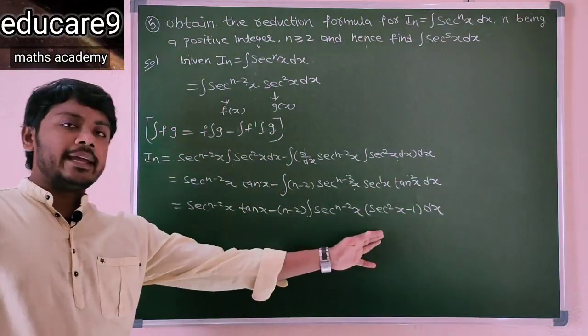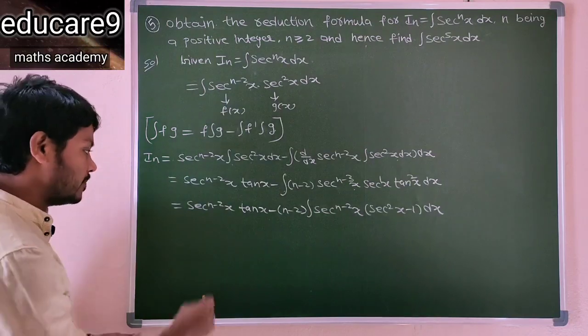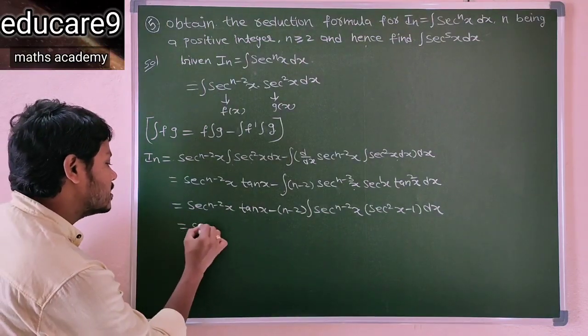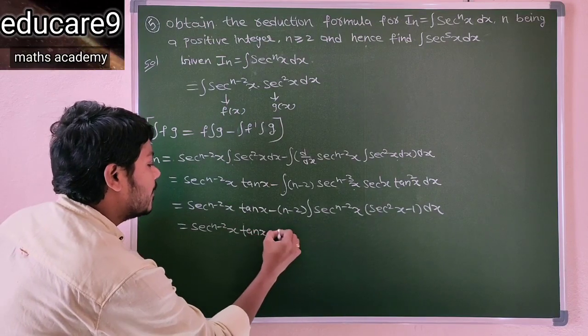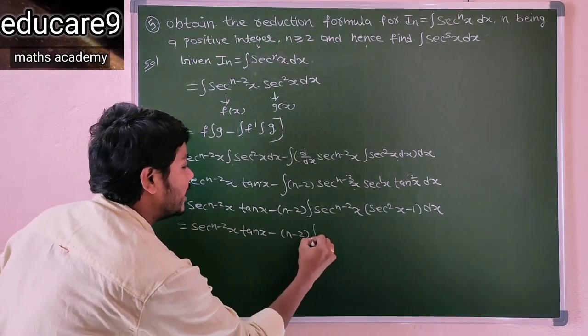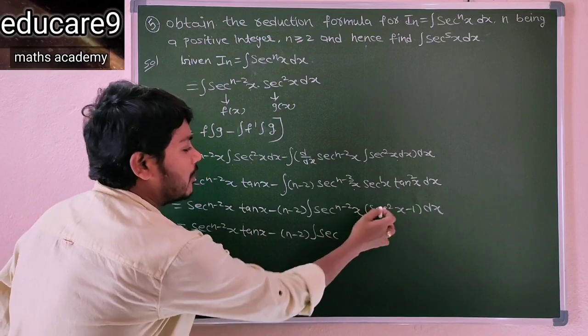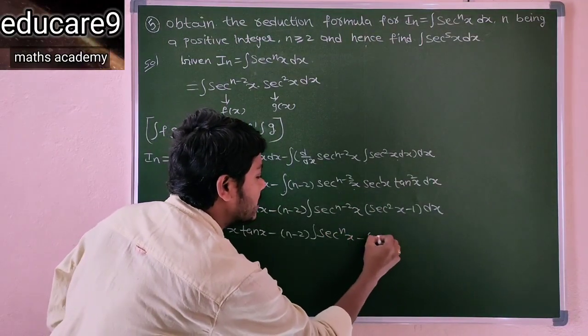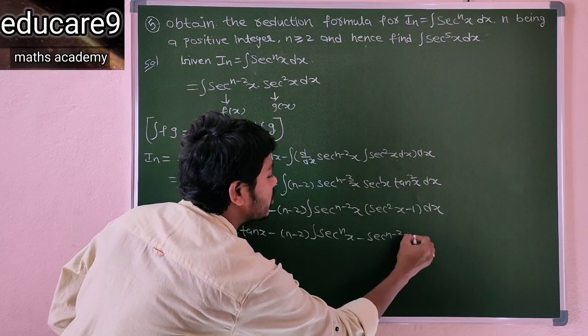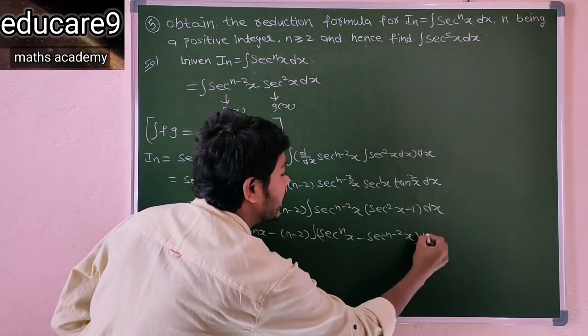Now multiplying inside sec^(n-2) x, what you get is sec^(n-2) x tan x minus (n-2) into the integral of sec^(n-2) x into sec^2 x, that is sec^n x minus sec^(n-2) x, dx.